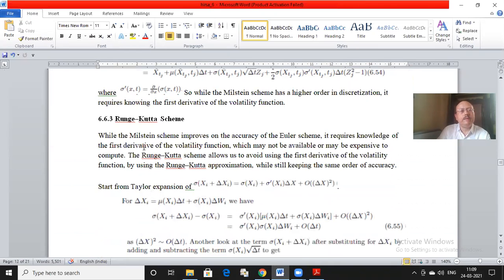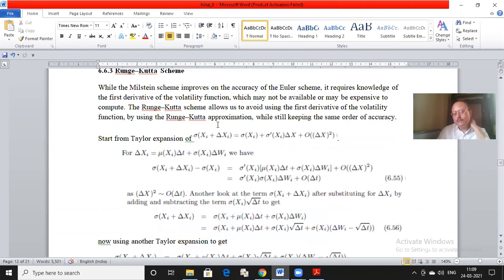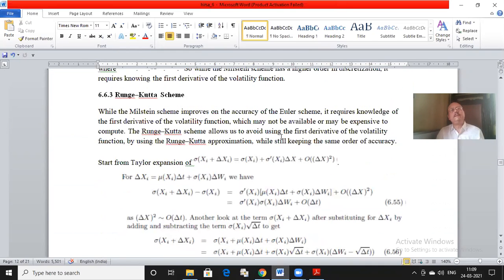And that is what the Runge-Kutta scheme essentially does. This scheme is actually the most popular scheme in numerical work. Whenever you write numerical routines or call numerical subroutines, most of the time you will see that the Runge-Kutta scheme is being called. I know that the Milstein scheme improves on the accuracy over the Euler scheme. That's true. But it also requires knowledge of the first derivative of the volatility function, which may not be available, or even if it is available, it might be very expensive to compute.